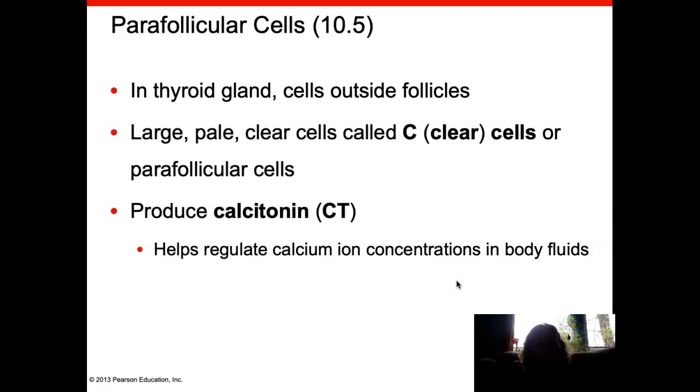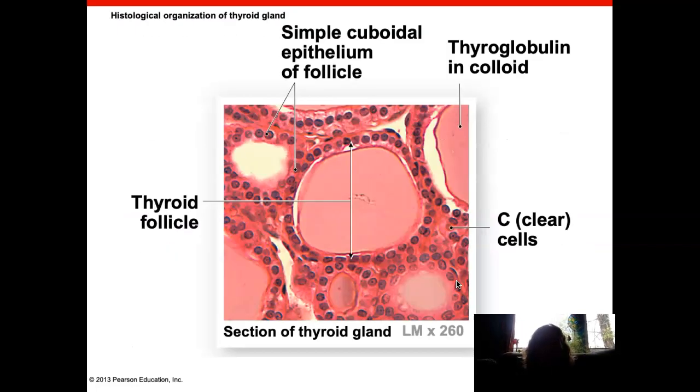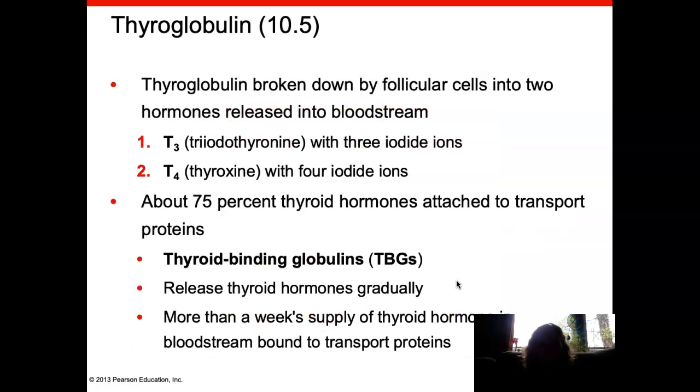You may remember that again from the bone chapter. Calcitonin lowers blood calcium. So the main thing to remember is that the thyroid gland produces T3 and T4, and the T3 tells us that there are 3 iodine atoms, and T4 tells us there are 4 iodine atoms.